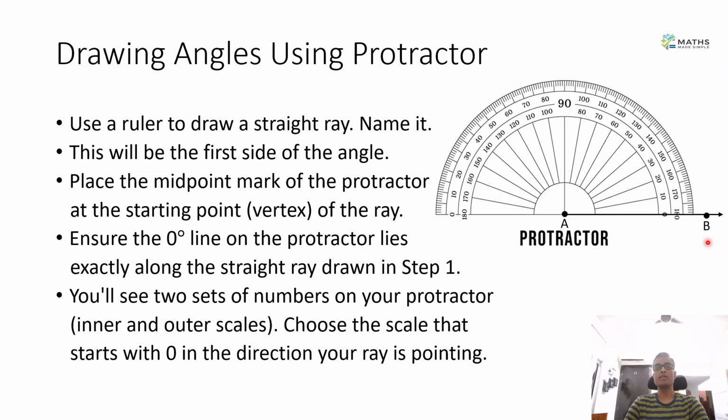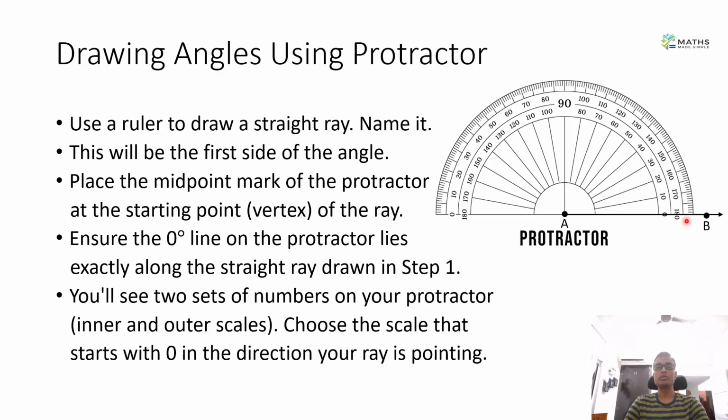Now this ray will form the first side of the angle. Now make sure that you place the midpoint mark of the protractor at the starting point of the ray, which would actually be nothing but the vertex. Ensure that the 0 degree line on the protractor lies exactly along the straight line that you have drawn in step 1.